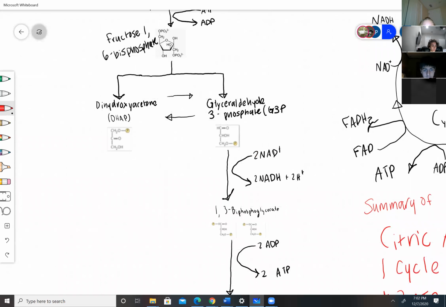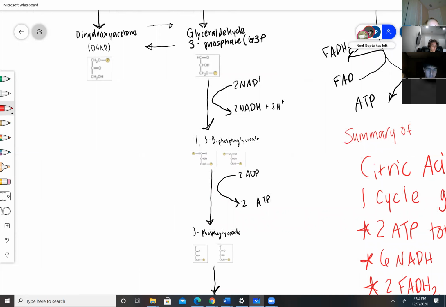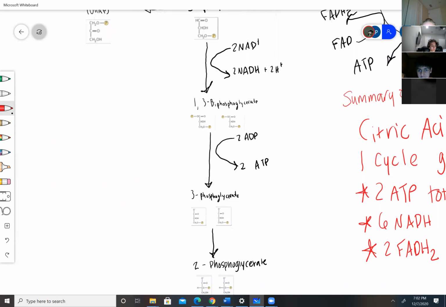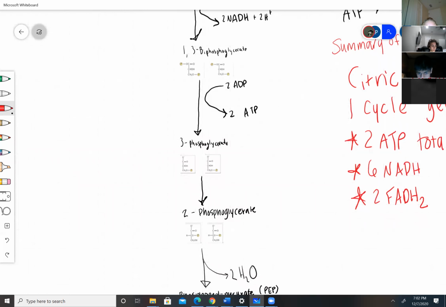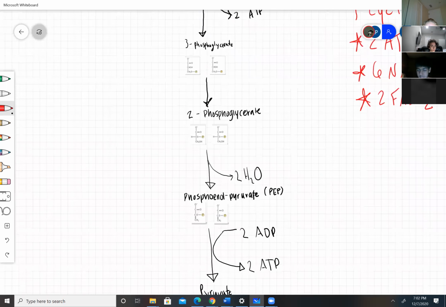G3P, which is glyceraldehyde, is used in the next step, where it is oxidized by transfer of electrons to NAD, forming NADH and a hydrogen, forming 1,3-bisphosphoglycerate, which then gains a phosphate group from ATP, forming 3-phosphoglycerate, and then 2-phosphoglycerate.